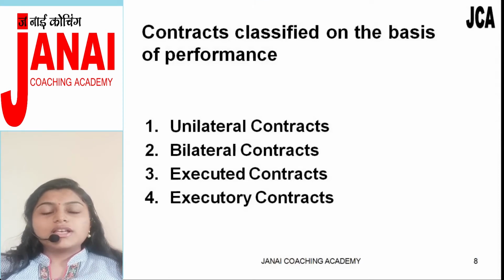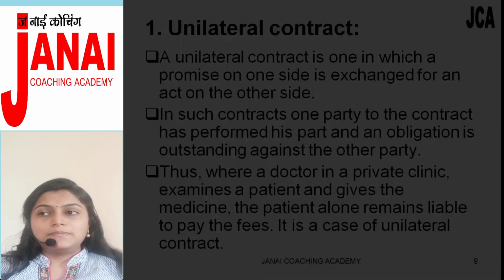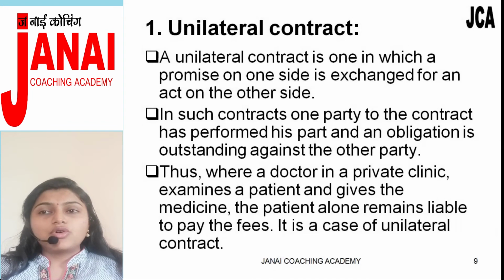Next, classification on the basis of performance. On the basis of performance, the contracts can be classified as unilateral contract, bilateral contract, executed contracts, and executory contracts. Unilateral contract is the one in which the promise on one side is exchanged for the act of the other side.